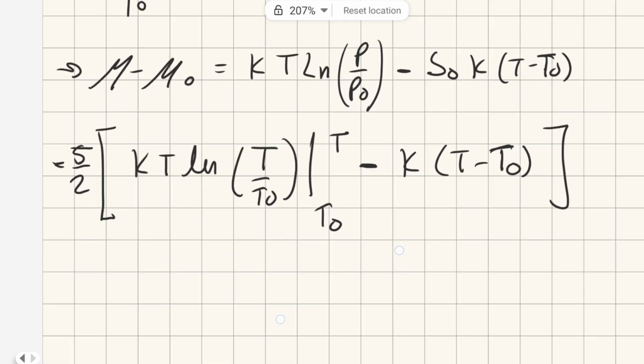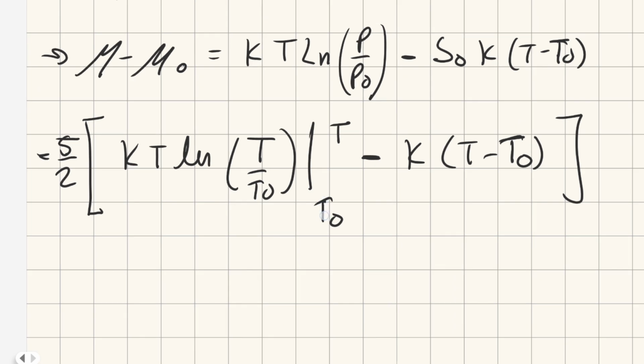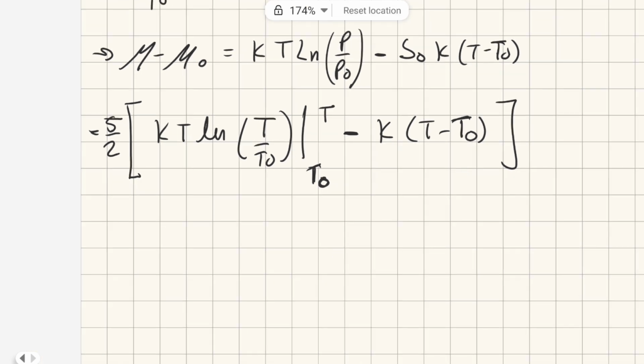Okay, notice that when we evaluate this at t0, we will get the natural log of t0 over t0, but that is equal to 1, and the natural log of 1 is going to be 0. So that element is going to be cancelled.